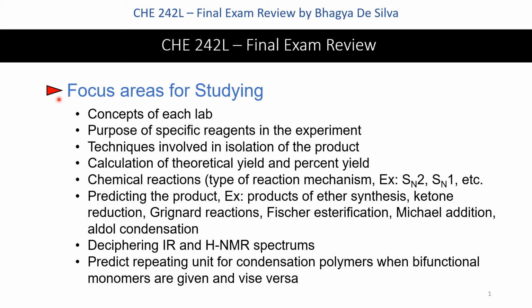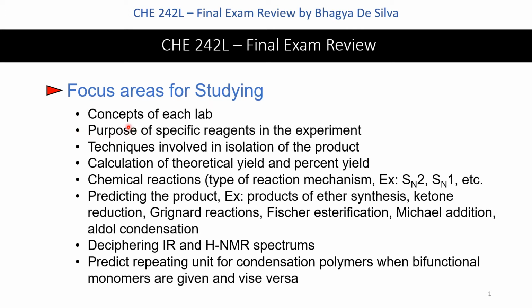Let's quickly look at the focus areas for studying. Look over the concepts for each lab, the purpose of specific reagents used in an experiment. For example, we used 3 mol HCl in the Grignard reaction lab. The purpose of it was to specifically protonate the final product into an alcohol and get rid of any leftover magnesium.